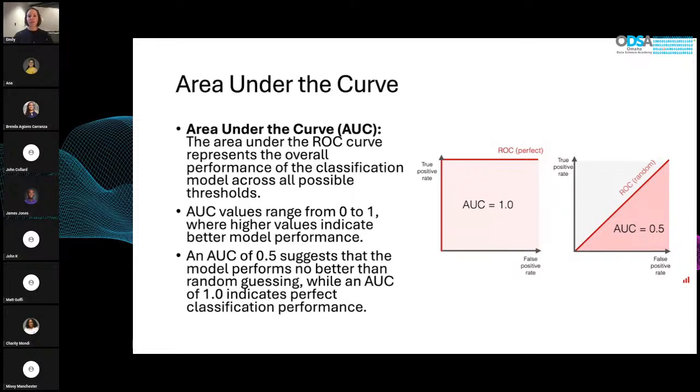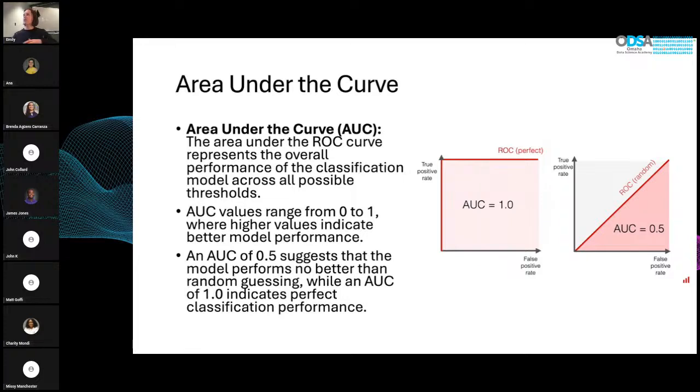So if you train a model and your AUC is 0.51, that may be good in some types of performance metrics, but in terms of AUC, that is not a very strong performance metric. That's barely better than random. A perfect AUC, in theory, which never truly happens in practicality, would be 1, where our true positive rate would go straight up to here, and then our false positive rate would go straight over to here. So an AUC of 1, because the area under this line is equal to 1.